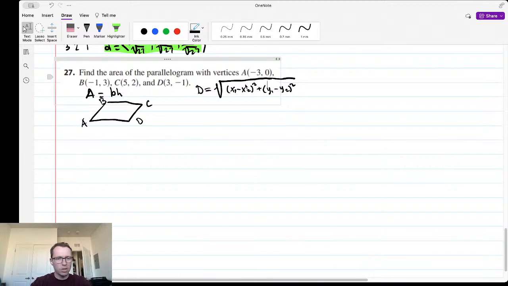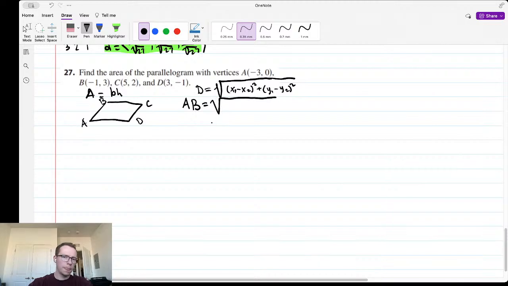It doesn't matter. You square it. So, okay. We're going to do AB first. So x from A is -3, and then minus x from B, which is -1, and then square those, and then add the y's to do both of those.